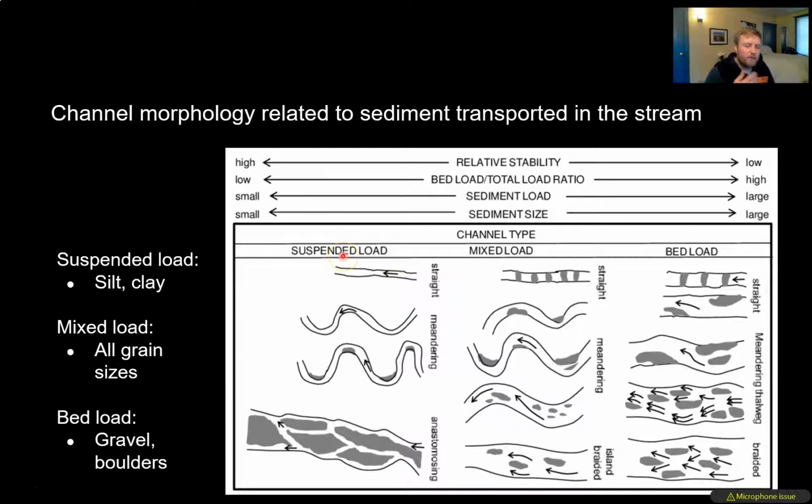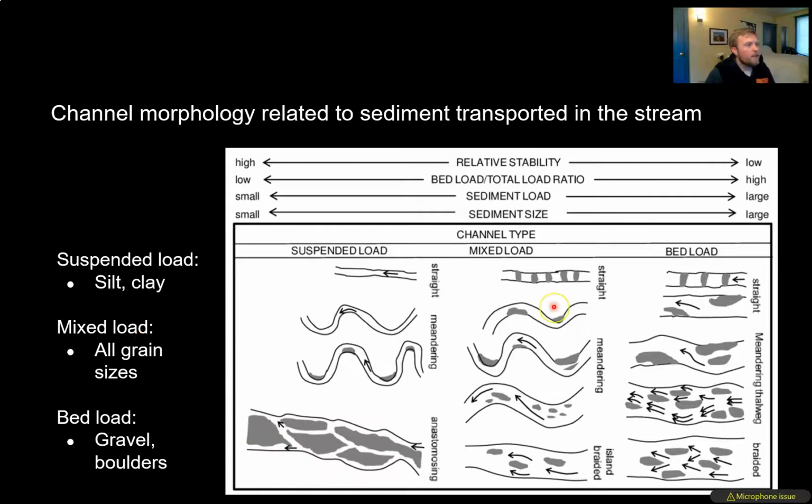So if a river is only carrying a suspended load, the suspended load is what can float in the water, fine-grained, you'll have a straight river channel that doesn't have any riffles or rapids or areas of deposition, and meandering streams that are very sinuous, so really like a curved snake, and then anastomosing channels where you have large islands of sediment between small channels of water.